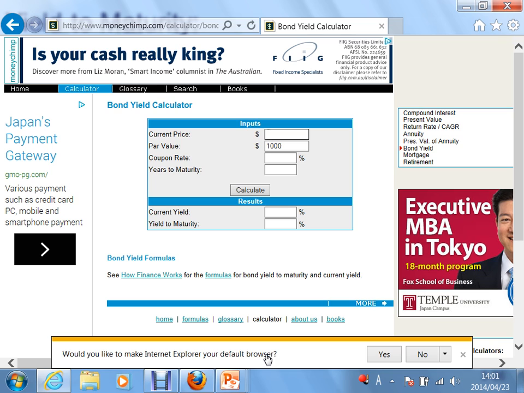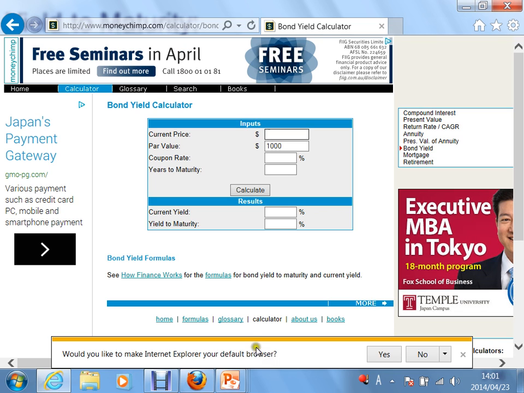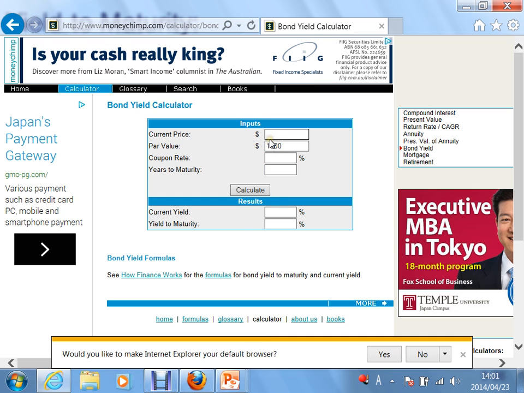Okay, so what do we want to do again? We want to figure out the yield to maturity of a $1,000 face value bond. Face value is the same as a par value. Okay, so it's already in there. That's the default they set. It has how many years to maturity? 8.